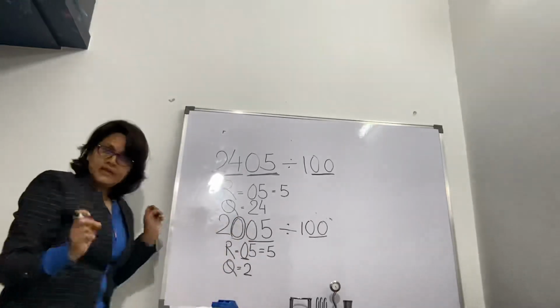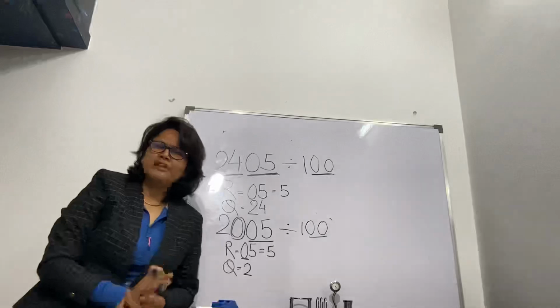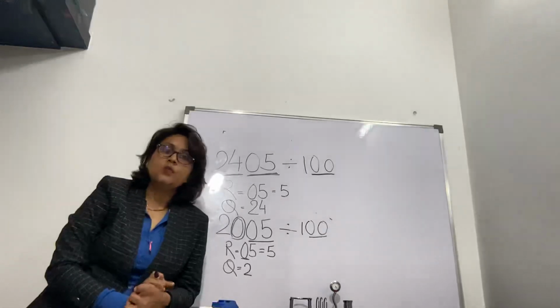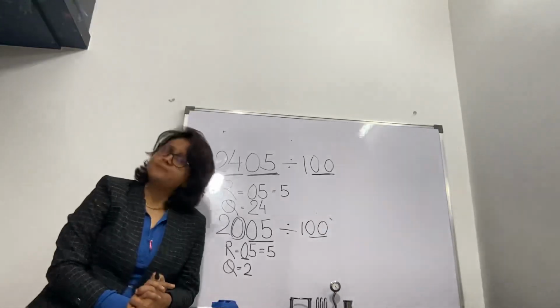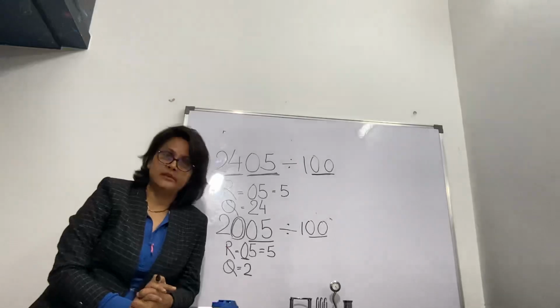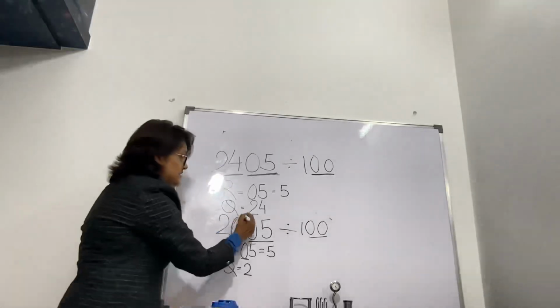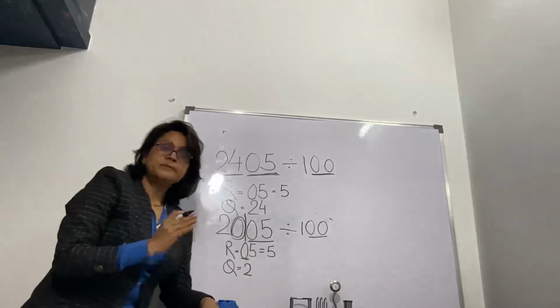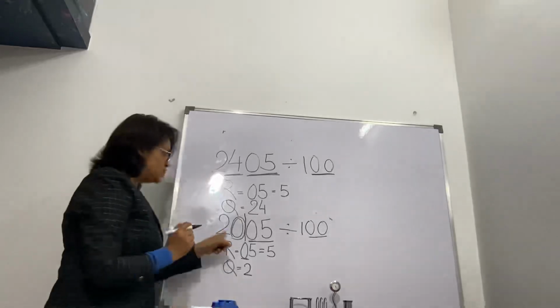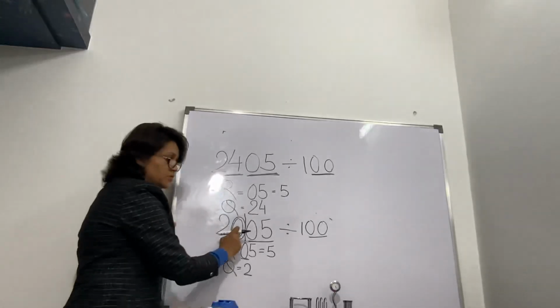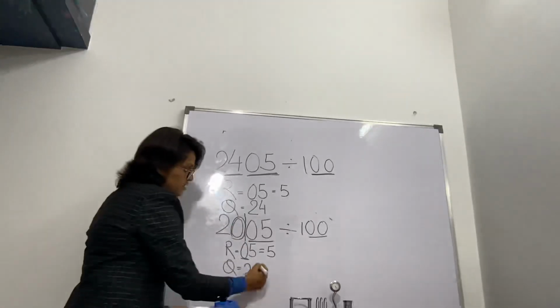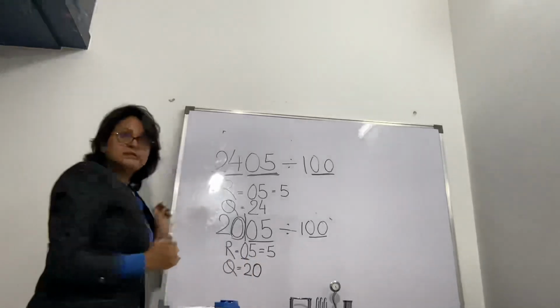In any case, I know many of the students who are clear with the 0 concept will not get confused. But some of the students may get confused as we are slicing the number for remainder as well as the quotient. So we have to say, as the 0 is following a number, here the quotient will be 20.